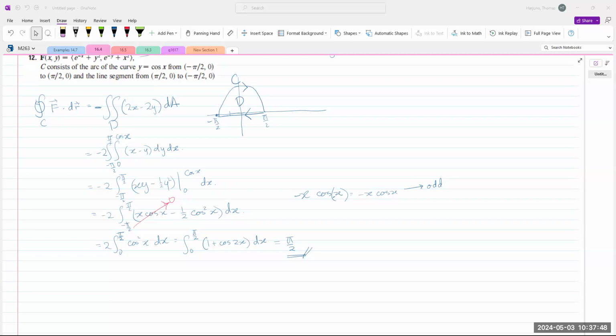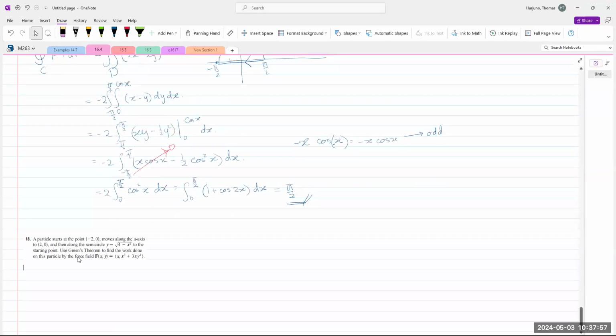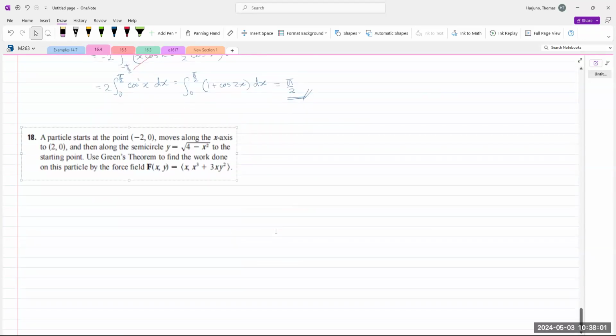Number 18. A particle starts at the point negative 2 comma 0, moving along the x-axis to 2 comma 0.